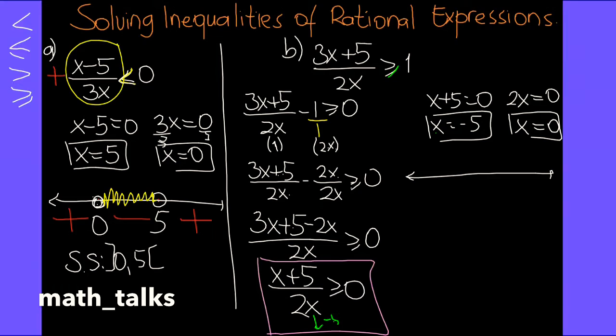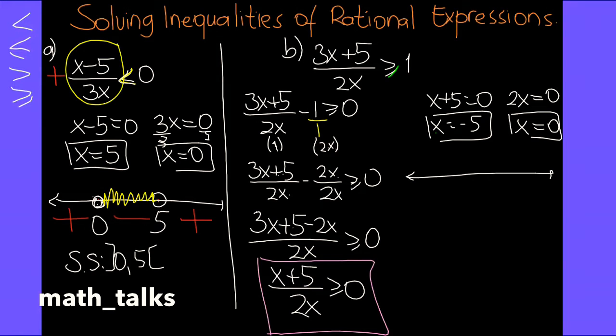If the denominator is negative, that's okay, it's possible. But if you substitute 0 for x, 2 multiplied by 0 is 0. The denominator cannot be equal to 0, because it's undefined.